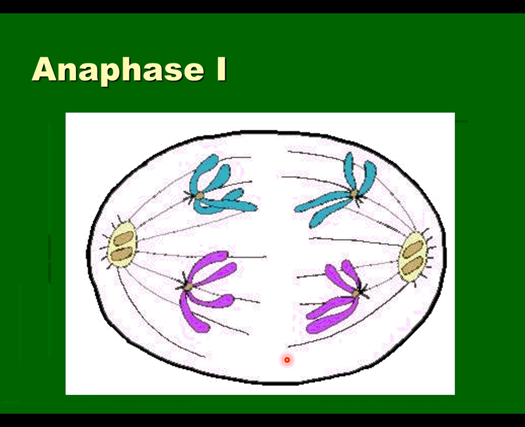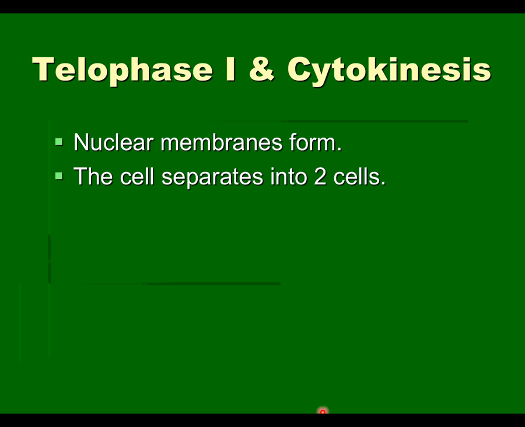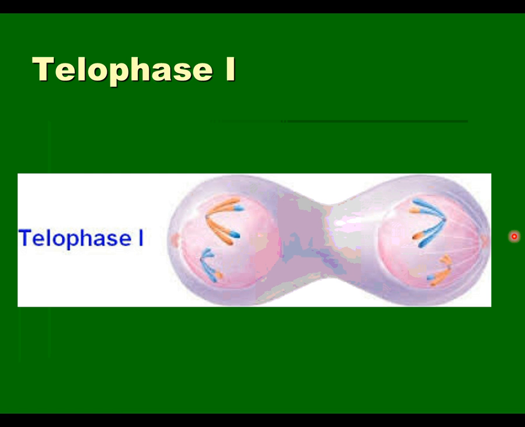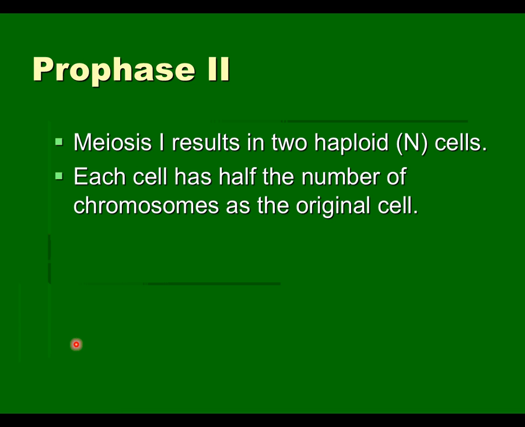Okay, so here's the idea of anaphase 1. Again, they just go the opposite ends of the cell, separation of those chromatids. Now, telophase 1 and cytokinesis, obviously we have 2 cells that are formed. All right. Now, prophase 2. Meiosis 1 results in 2 haploid cells.